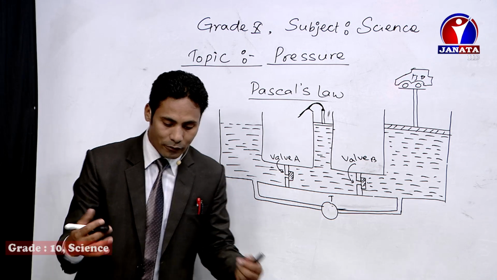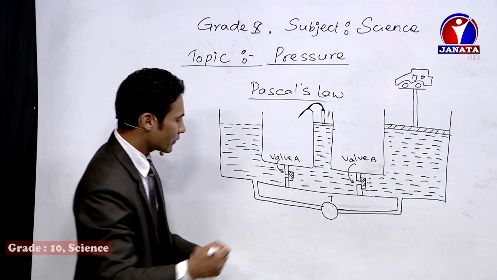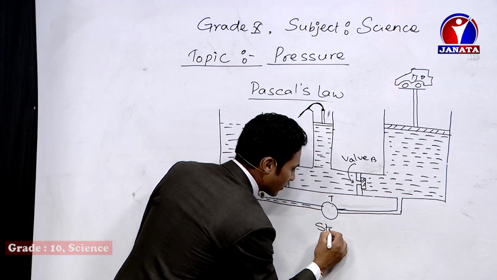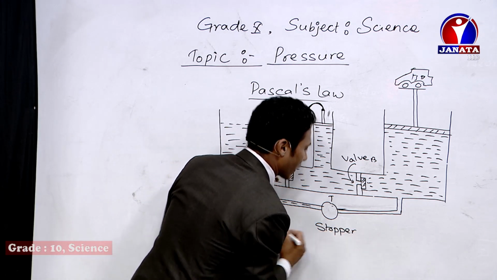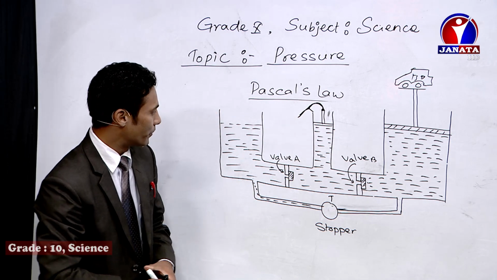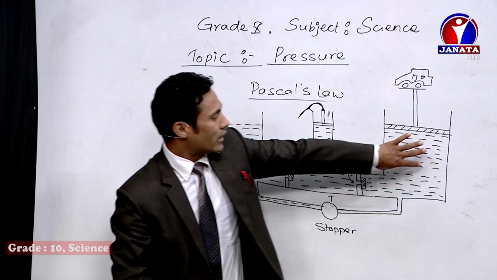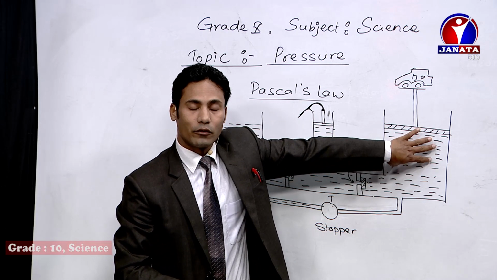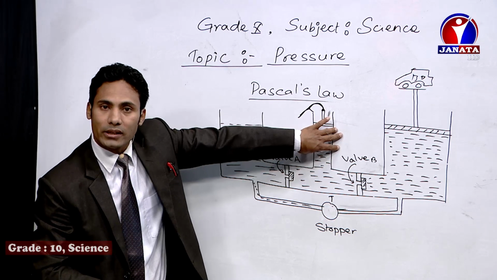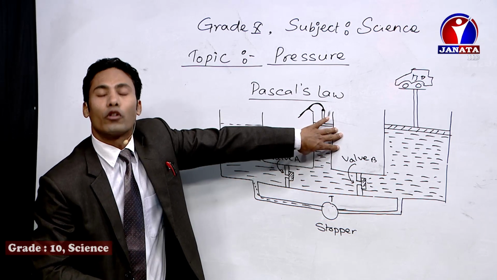Here also the liquid is contained, and this one is the stopper. Let's see the working of this hydraulic garage lift. This is the larger piston, where the load can be lifted up. This is the small piston where we apply the force.